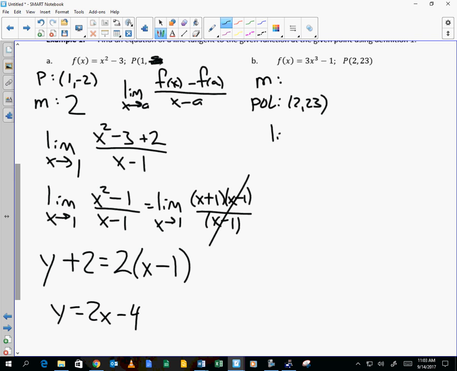So I have the limit as x goes to what? 2 of (2x cubed minus 1 minus 2) all over, not minus 2, minus 23, all over x minus 2. The y value goes on top. You guys, this is just y sub 2 minus y sub 1 over x sub 2 minus x sub 1.